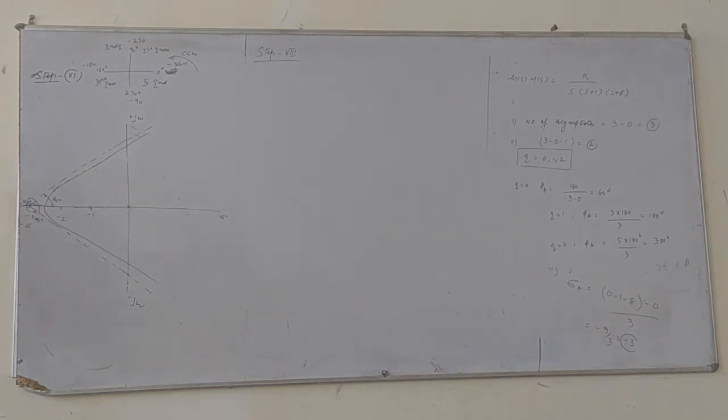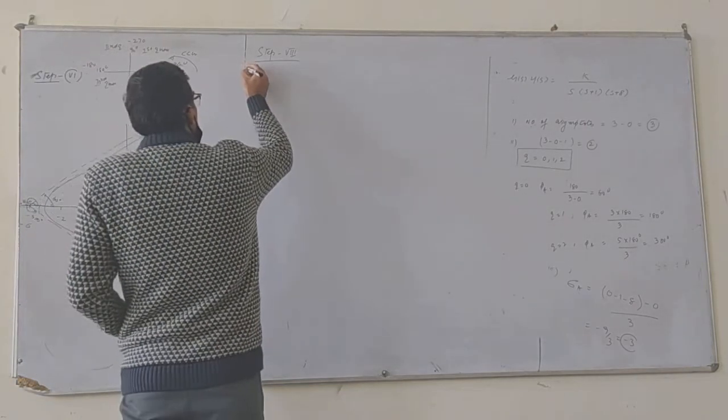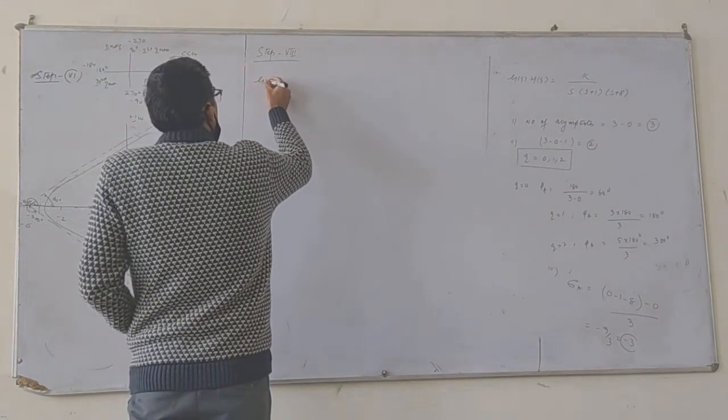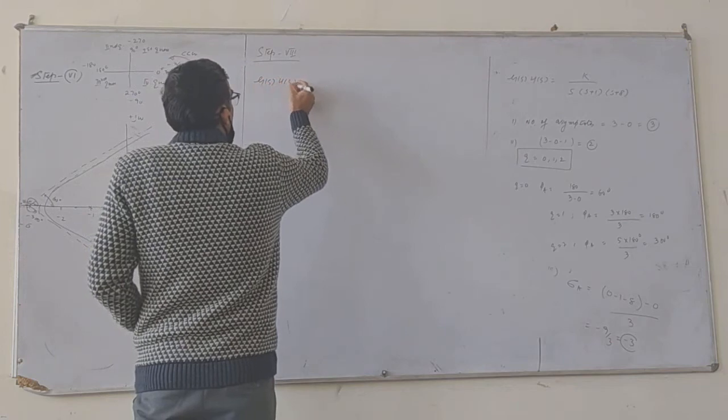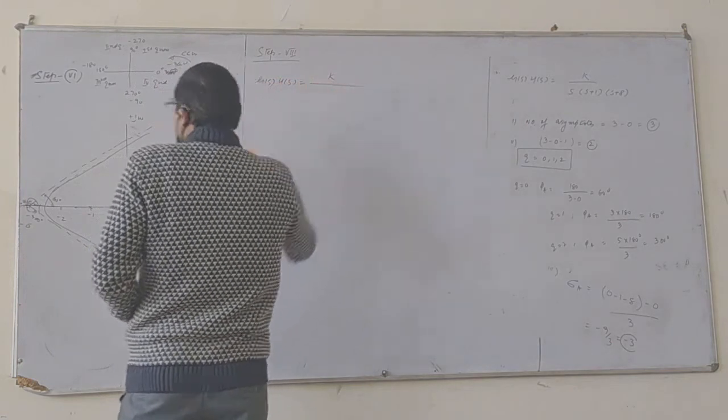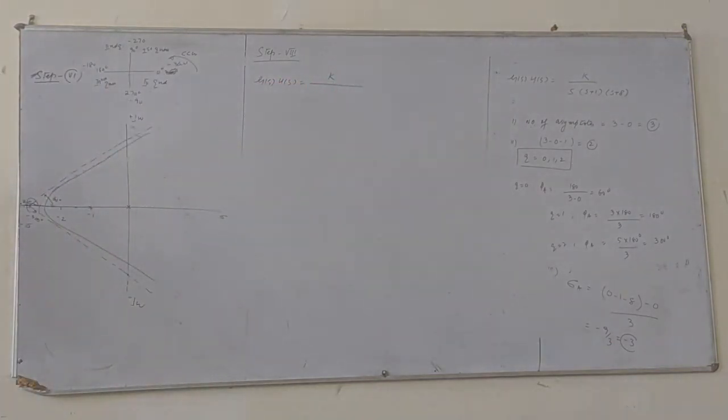So let's consider a negative feedback open loop function first: G(s)H(s) is equal to K divided by s into (s plus 1)(s plus 2).